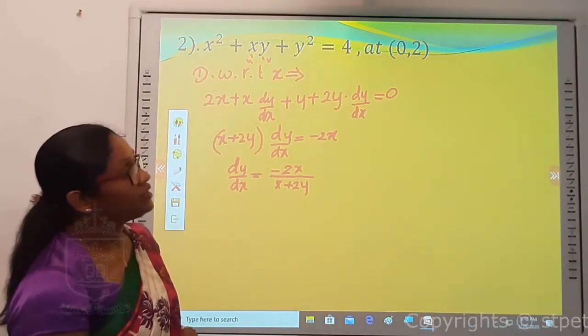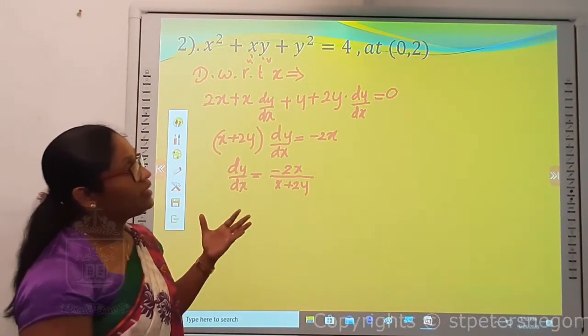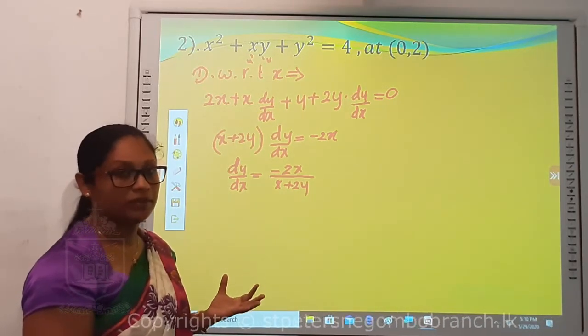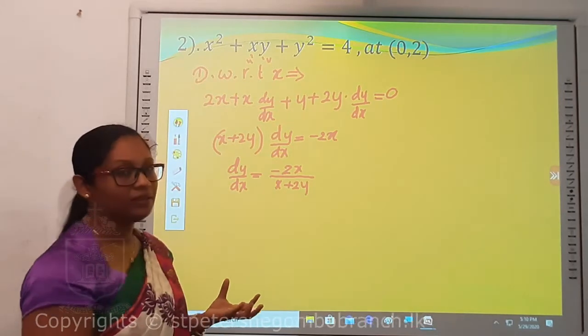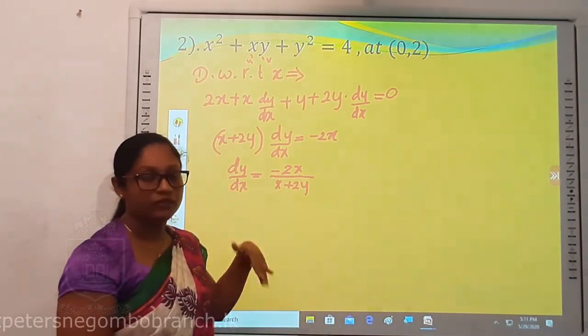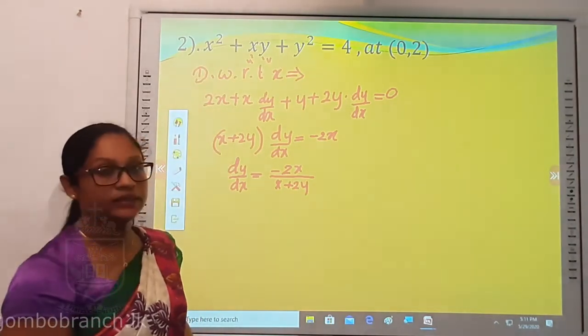For that, you can see that in this question, both the x and y coordinates are given. So we can just replace those values into this function to find the gradient at the point (0, 2).